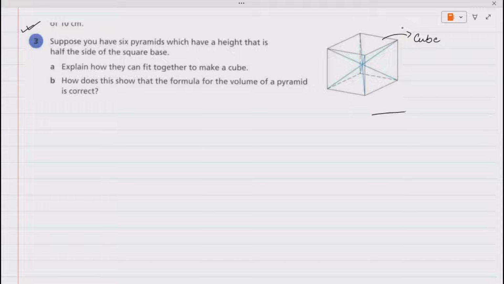So it means that actually we have, suppose this is one pyramid. Likewise, we have 5 more.